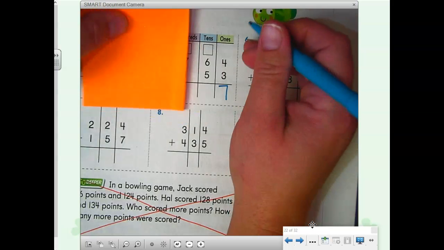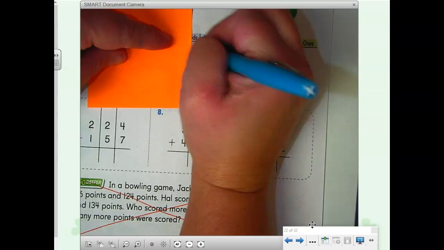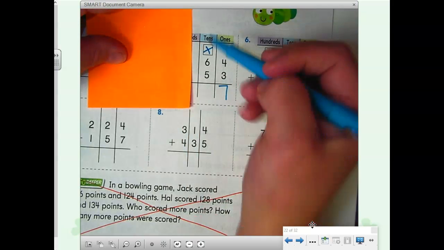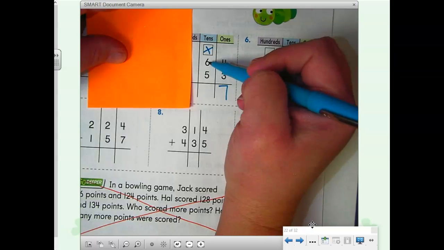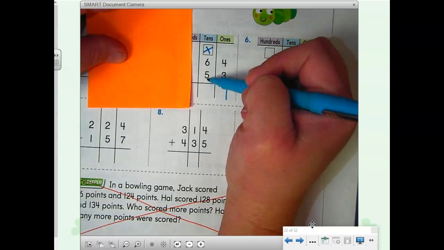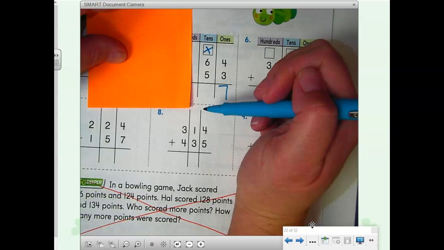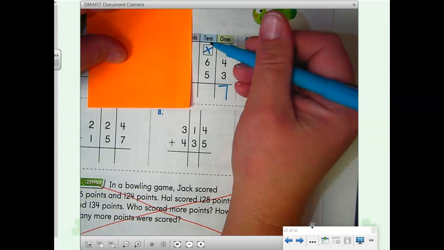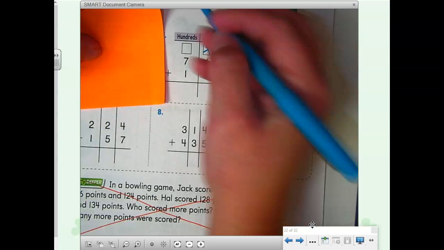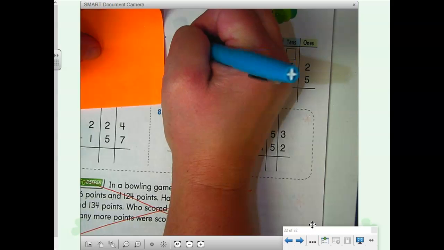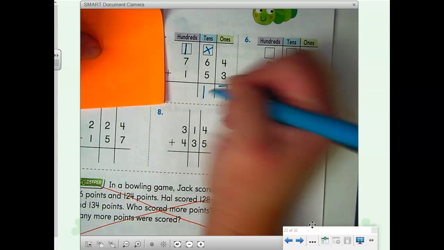No. So now I add in my tens place. 6 plus 5 is 11. That's 11 tens. So 11 tens is one group of 100 and one group of 10.